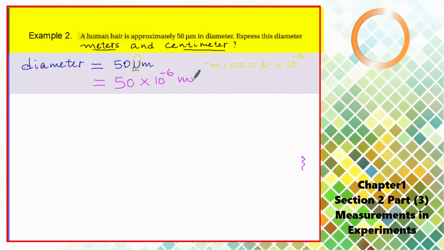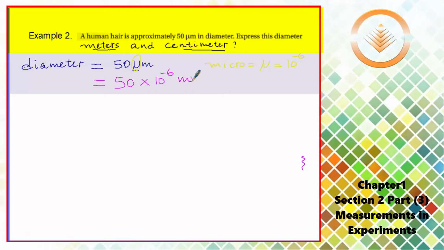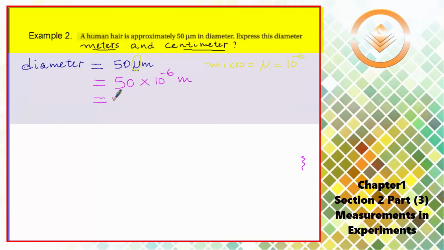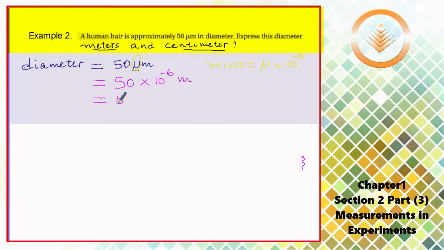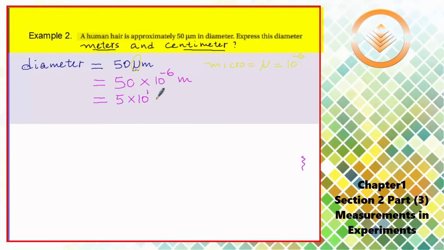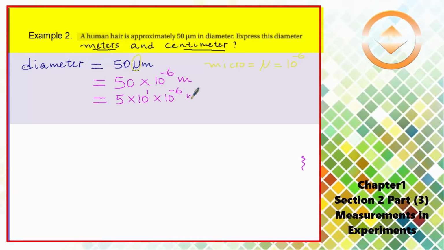You can write in this way, or this is one possible answer, but most of the time we have to avoid this 0. I can write 50 as 5 multiplied by 10 to the power of 1, multiplied by 10 to the power of negative 6 meter.